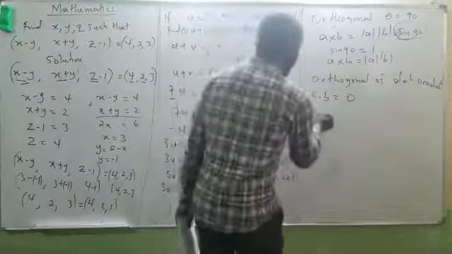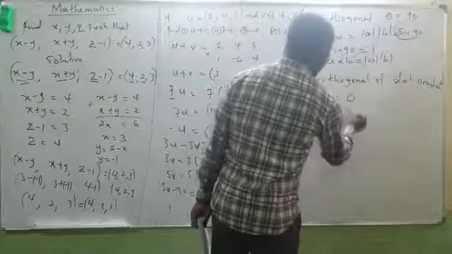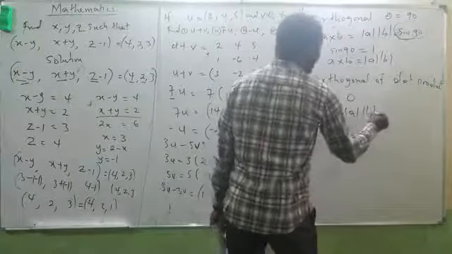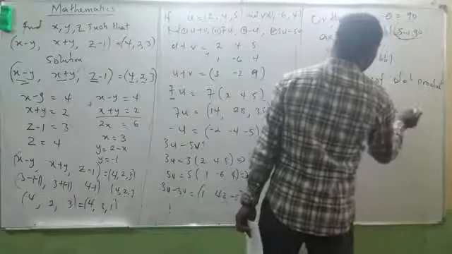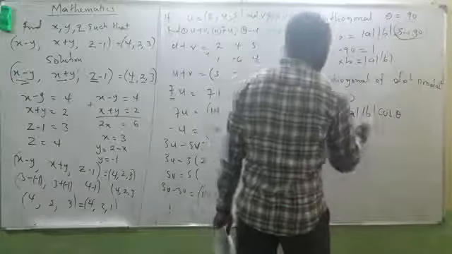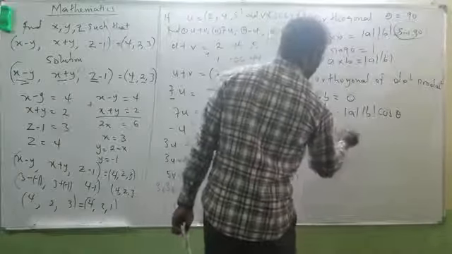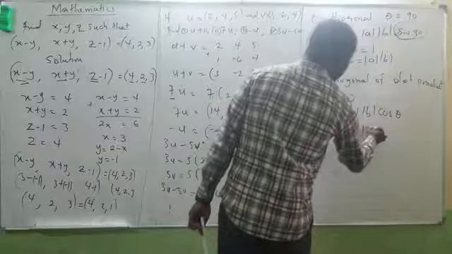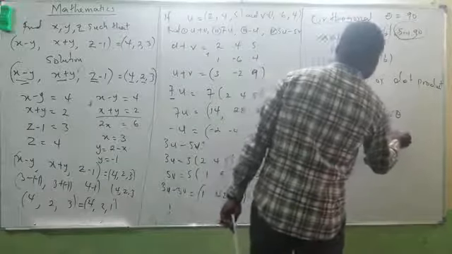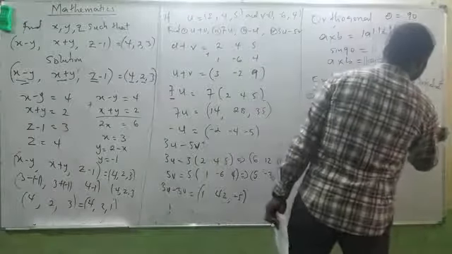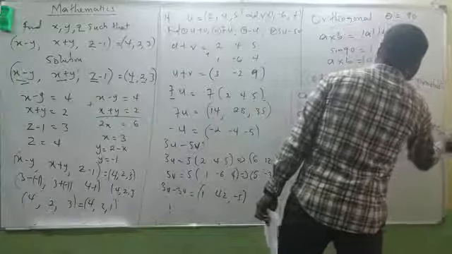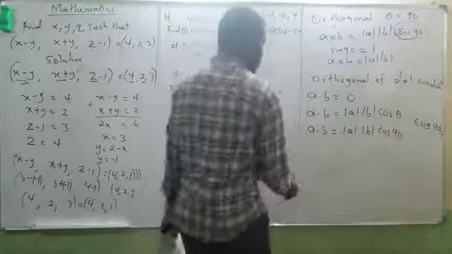How will it be 0? A dot B is equal to magnitude of A, magnitude of B, and cos theta. My theta is 90. Cos 90 is always equal to 0.